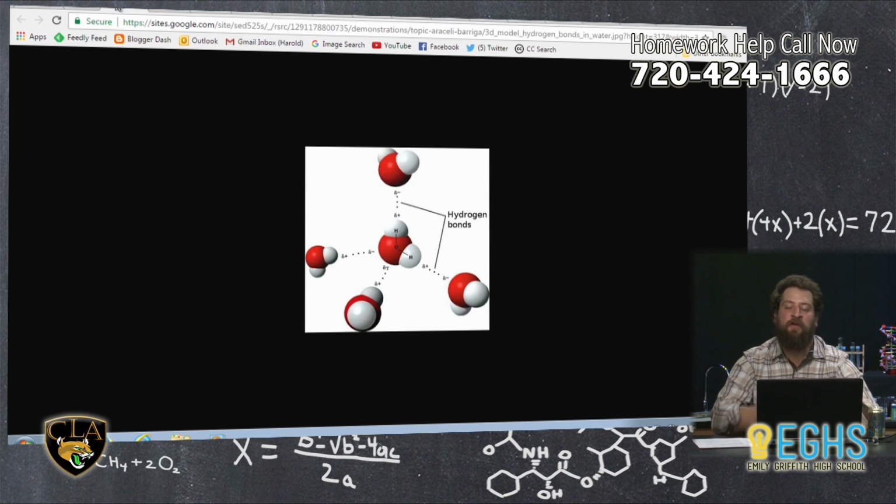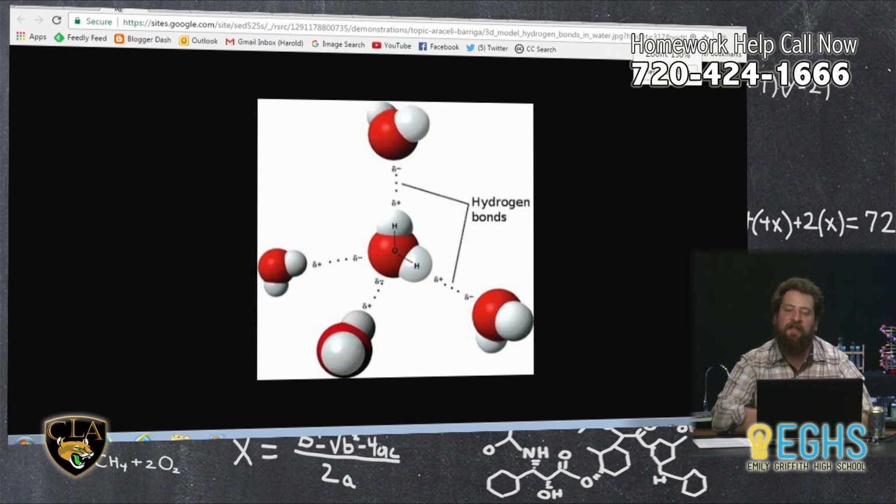So if we look at a water molecule up close, most of us probably know that the formula for water is H2O. What that means is that you have two hydrogen atoms connected to an oxygen atom. In our diagram here, I can blow it up a little bit. The red balls represent oxygen and the white balls represent hydrogen. And you can see that water molecules have what's often called a Mickey Mouse head shape.